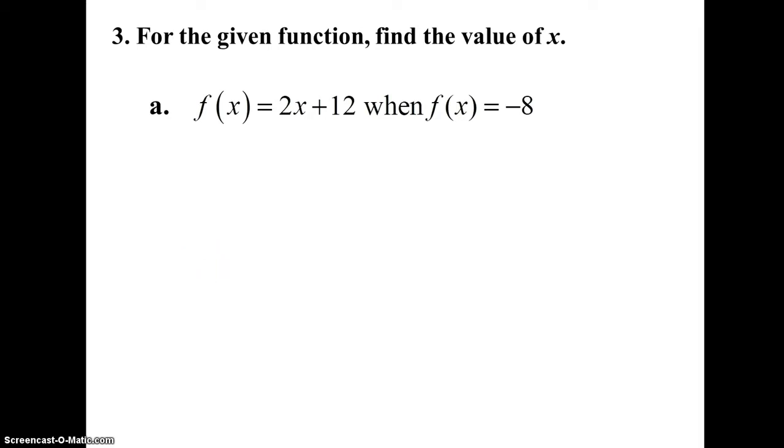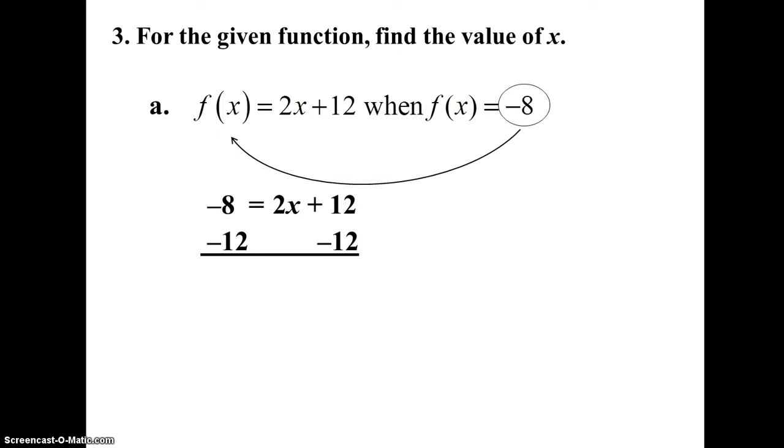Number 3, now we're turning it around and we're asking you to find x when given the value of the function. So if f of x equals -8, what must x equal in order for that to be true? So we are just replacing f of x with the -8. It's like saying y equals -8, find x.